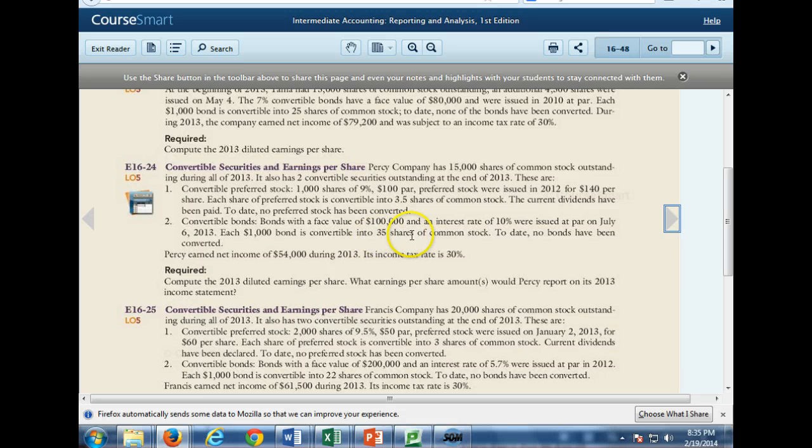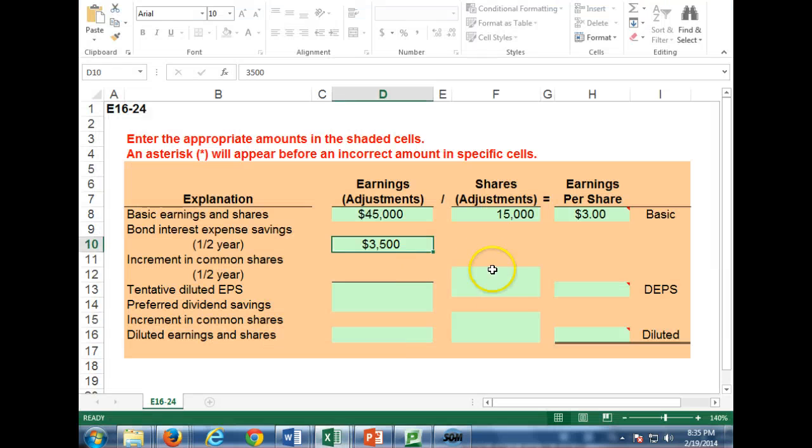To date, no bonds have been converted. So if it converts to 35 shares per $1,000 bond, that would be 3,500, right? But it's just half the year, isn't it? So we would have here 1,750 because it's only half the year. It's not for the whole year.